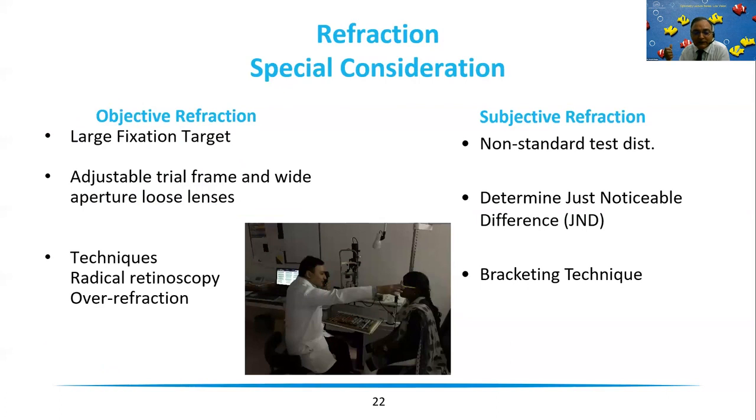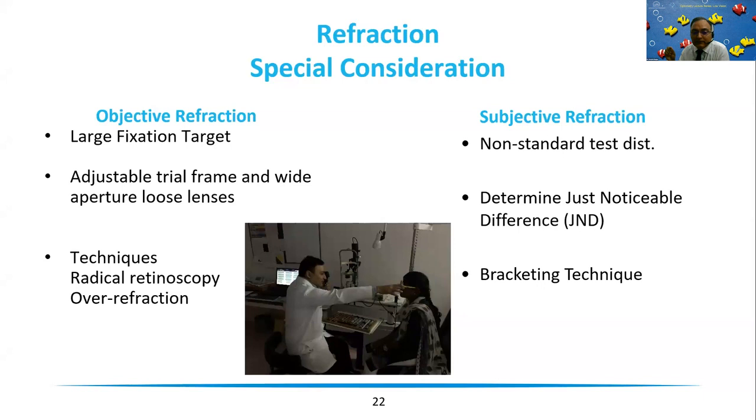You can use a large fixation target for the person to fixate at, and an adjustable trial frame and wide aperture loose lenses might be useful. Wide aperture loose lenses, which you use for visual field testing, may be useful rather than using smaller aperture, especially in patients who have large eccentric viewing.